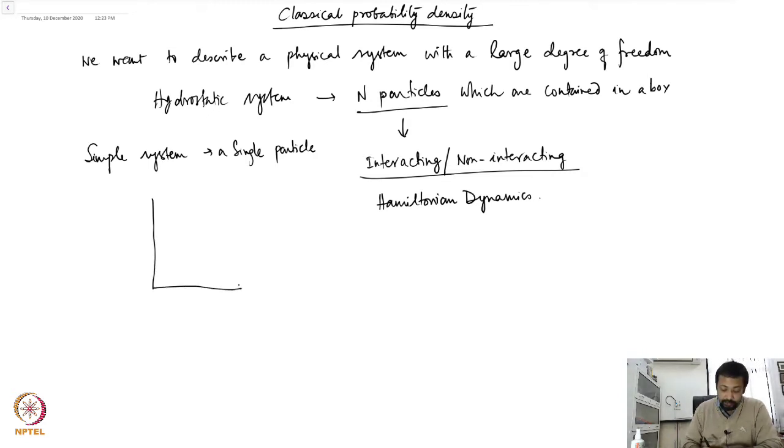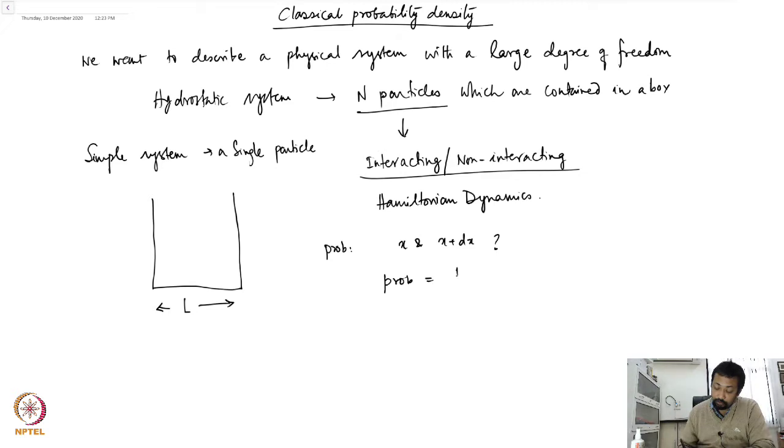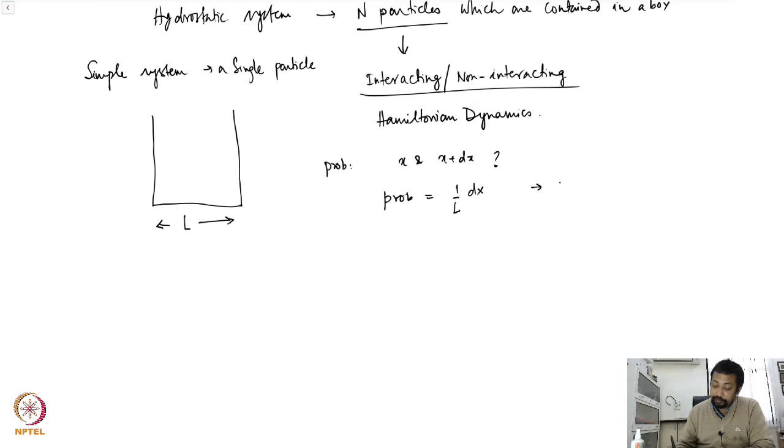This particle is contained within a box of length L. Now if I ask what is the probability of finding the particle between x and x plus dx, since the particle doesn't have any interaction present, that probability is 1 by L dx. So you can immediately read off that the probability density is given by 1 by L.